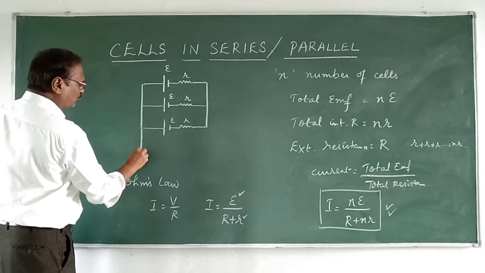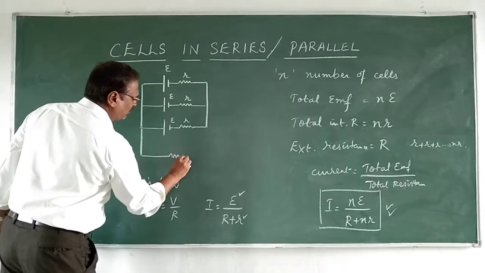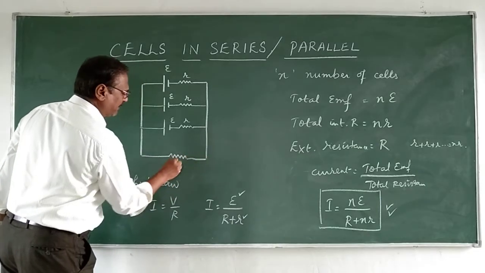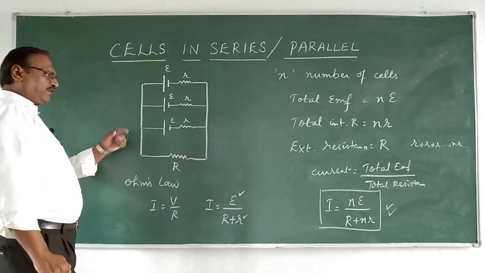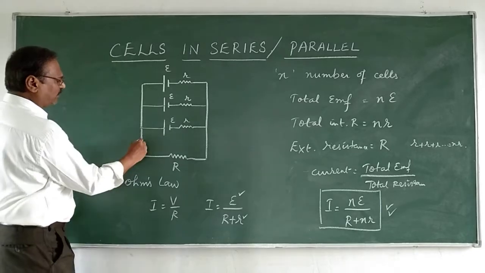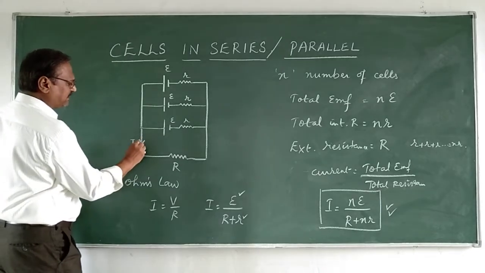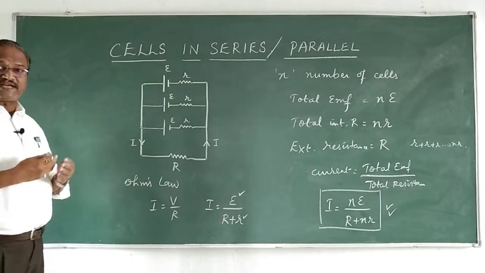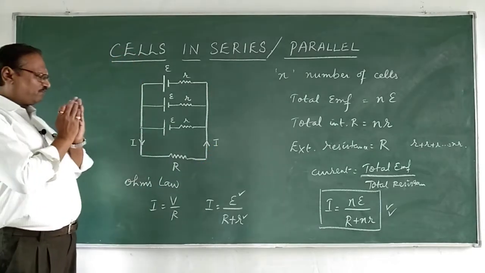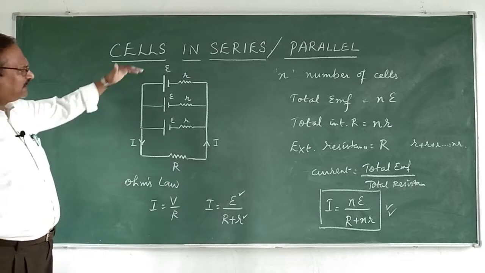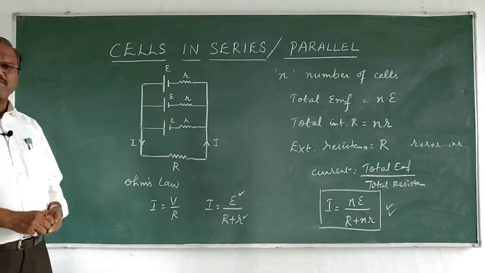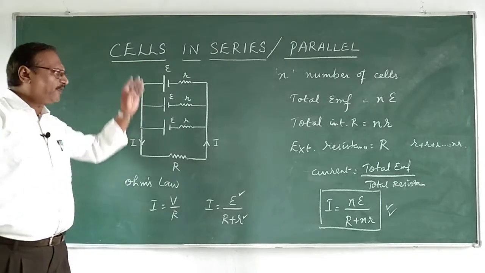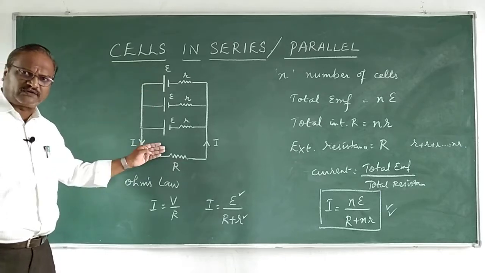Now I connect this to an external resistance, capital R. You know very well, here also the current is going to come through from all of them. This is I, and it is going to go back, which is going to be I. There is one very important thing here. All the cells are in parallel and they are identical. 1.5 volt means all of them are 1.5 volt.